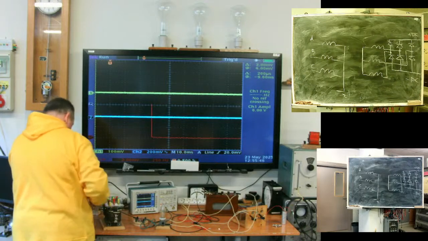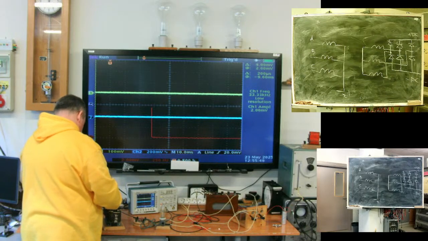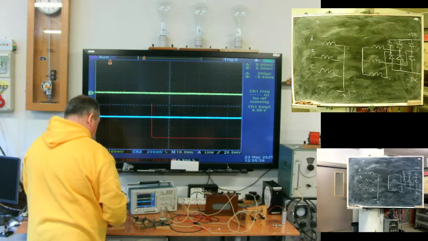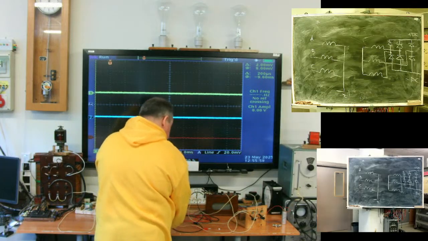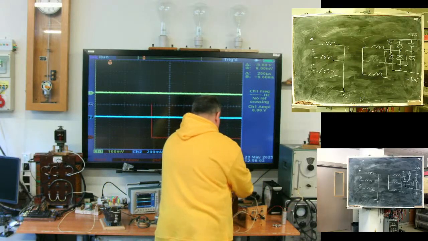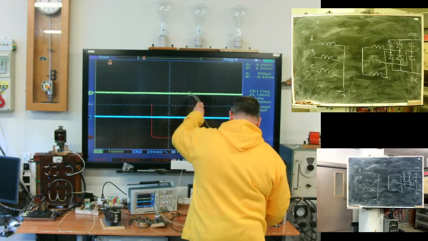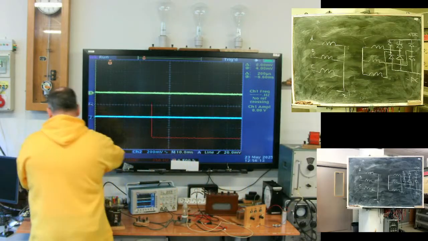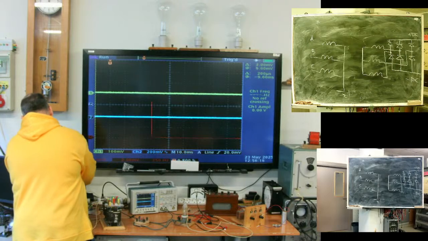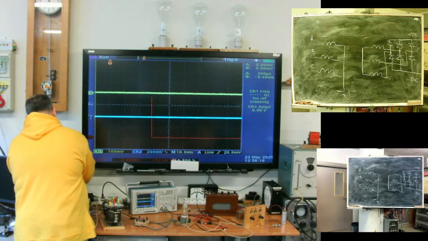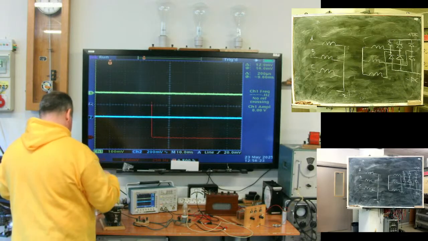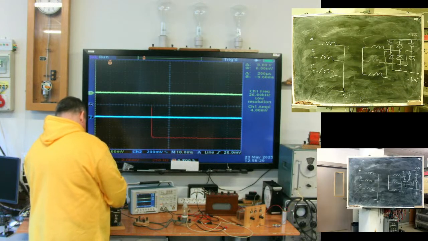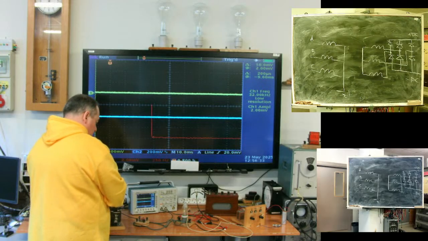This will be A. This is ground. What about the rectifier?